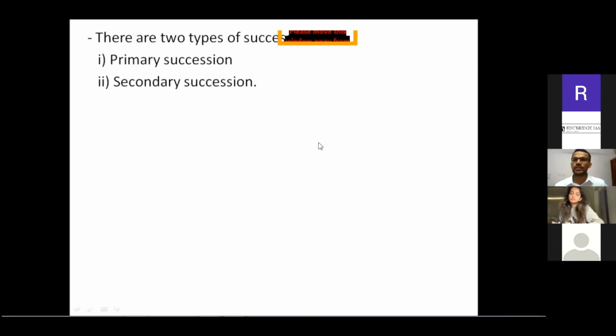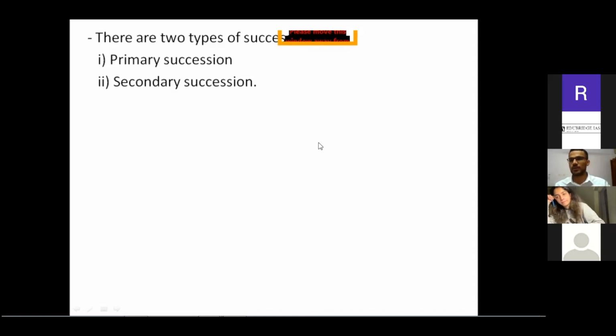What is autogenic succession? See, as you have raised that particular doubt, sir, how climate can play a role in succession, right? So if a succession is driven by biotic factors, then that succession is autogenic succession.